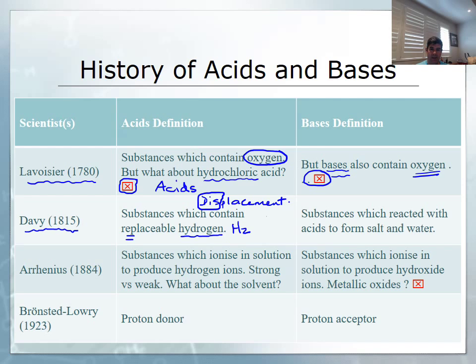So if we add something like magnesium to hydrochloric acid, then what happens is the magnesium goes into the solution, it becomes an ion, and the hydrogen ions come out of the solution and they become hydrogen gas. So this observation was what led Davy to his definition of acids as being substances which contain replaceable hydrogen.